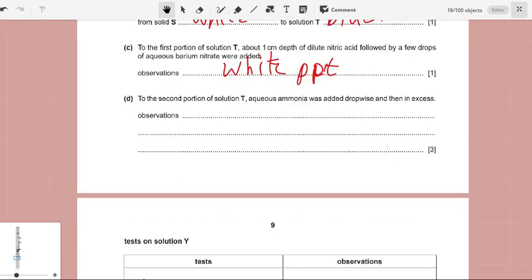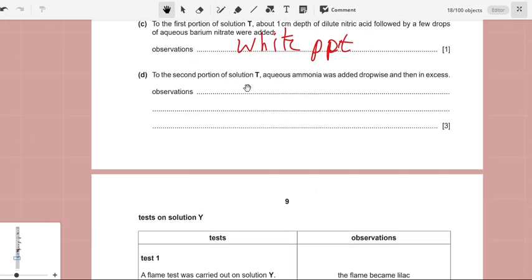And the next question is, to the second portion of solution T, aqueous ammonia is used instead of barium nitrate, and then in excess. Because this is a 3 marks question, you have to write at least 3 observations.